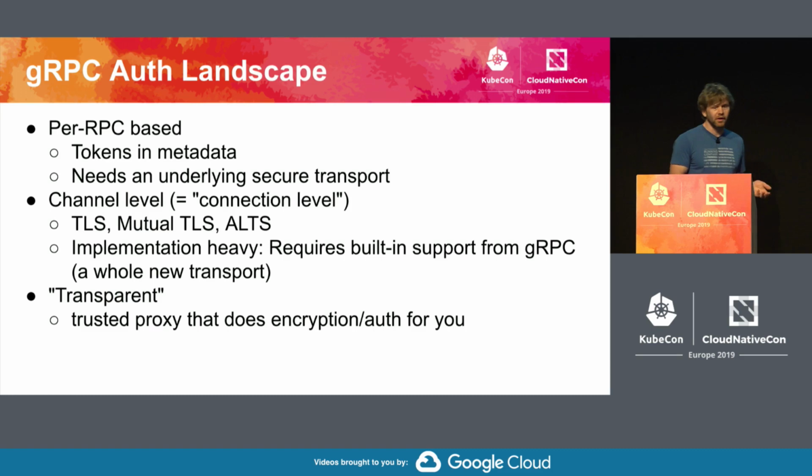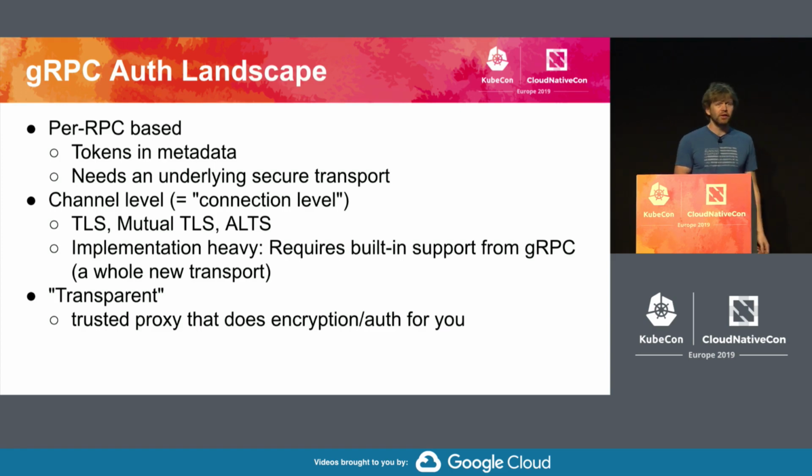Which brings us to the other authentication method, which is channel level. This means that when you start your communication, you establish an encrypted connection with the peer, and one or both sides authenticate their peer during the initial handshake, and after that, that channel is known to be trusted, and you know that the data coming from the other side is from who you expect it to be.